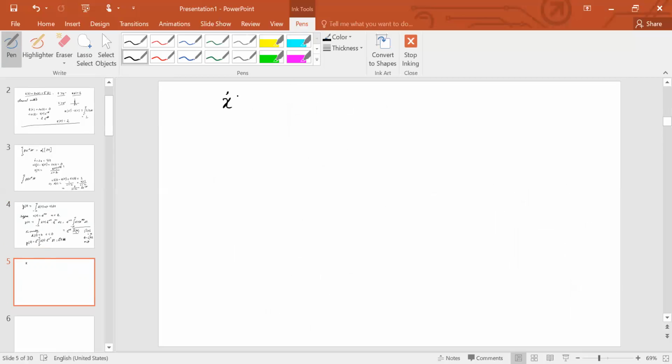Let's say you have x dot plus 2x is equal to a delta. Sorry, not delta. Now you're going to apply some exponential signal as an input to it. So this is going to be e to the power alpha t. This is our input. Now let x(t) equal h(alpha) e to the power alpha t.